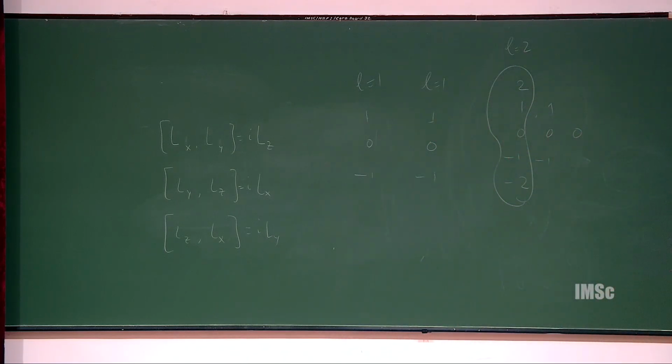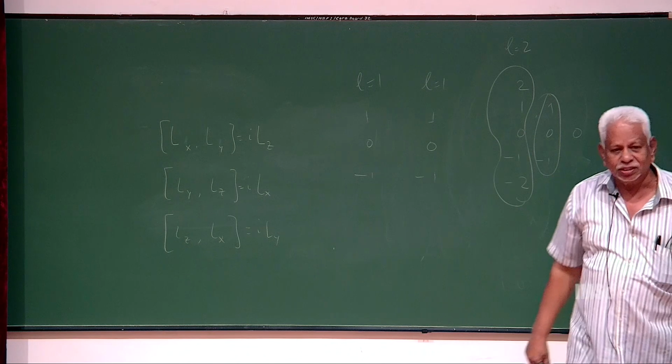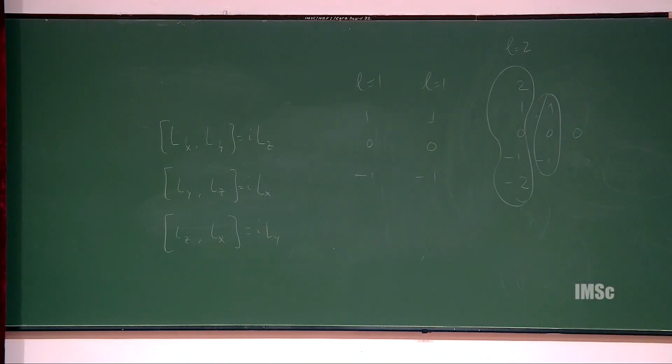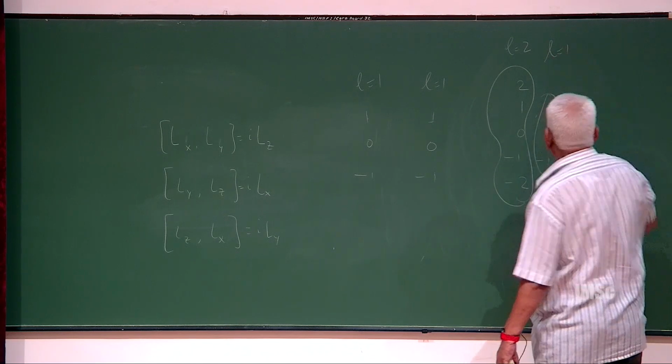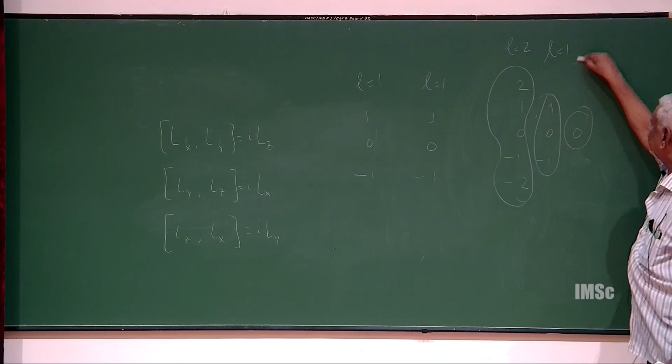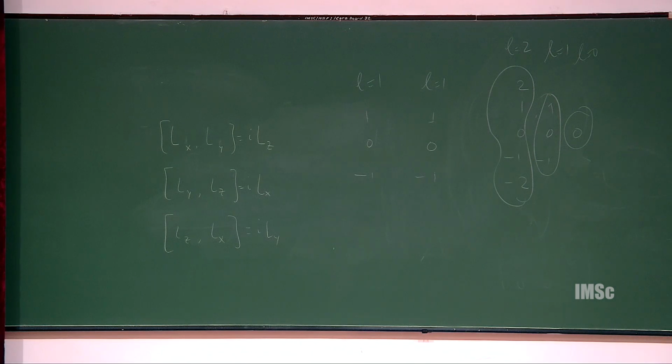Okay. Now, what are these things? L equal to 1. And what is this? L equal to 0. So, when you have a composite of two spin 1 objects, you will have a spin 2 object, a spin 1 object, and a spin 0 object.